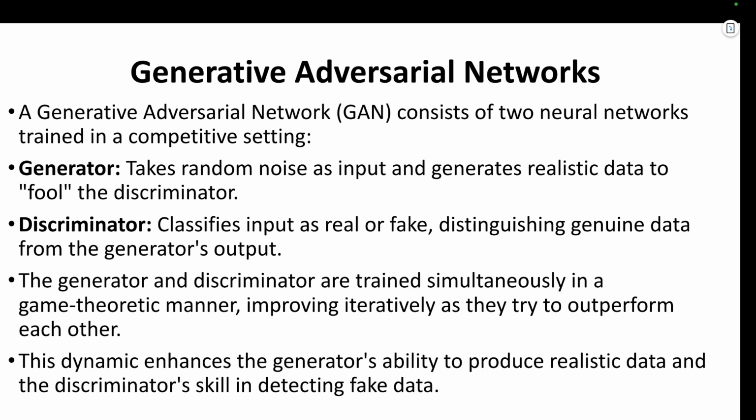Whatever images are generated by the generator will be classified into two classes, real class and fake class, distinguishing the genuine data from the generator's input. The generator and discriminator are trained simultaneously in a game theoretic manner, improving iteratively as they try to outperform each other.